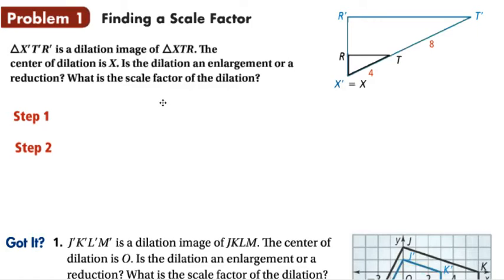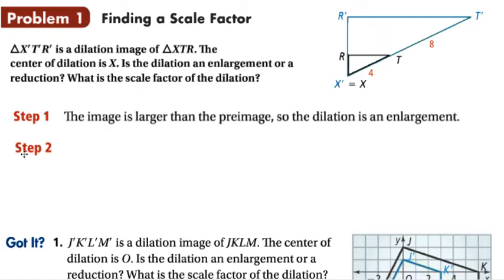So how do we find the scale factor? Here's an example of triangle XTR and triangle X prime T prime R prime. The image is bigger than the original, so we know it's an enlargement. And the question then says, what is the scale factor of the dilation?